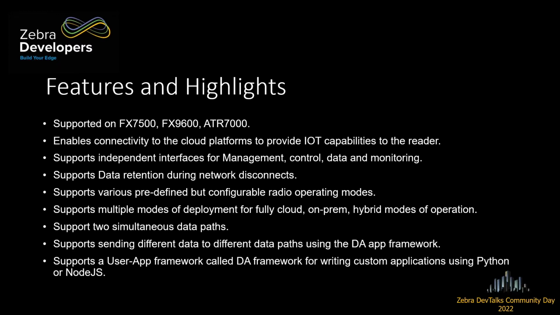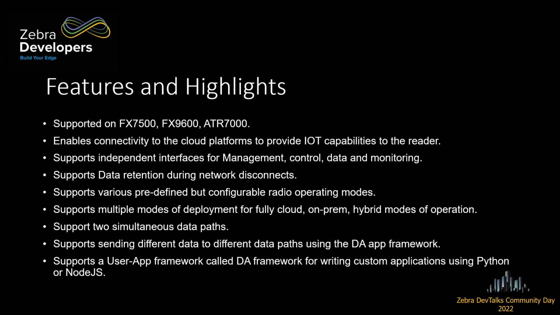And like I said, we are introducing the DA app framework here. One of the things that the DA app will allow you to do is, if you want to consume data and send it to 2 separate endpoints, but you don't want all the data to be sent to both endpoints, you want different data to be sent to different endpoints, that can be done from the DA application.